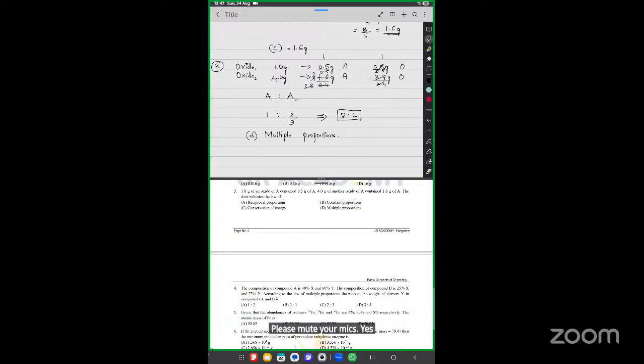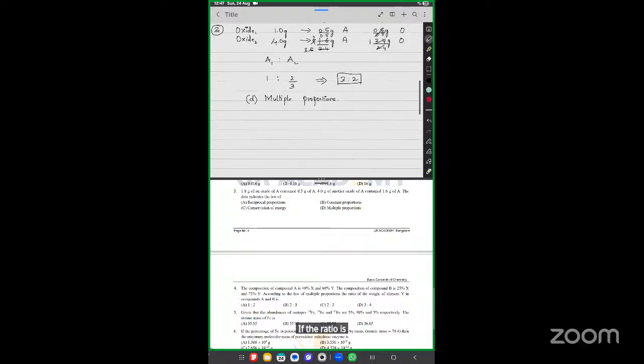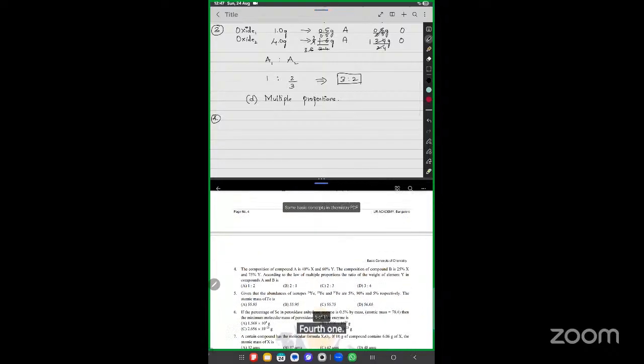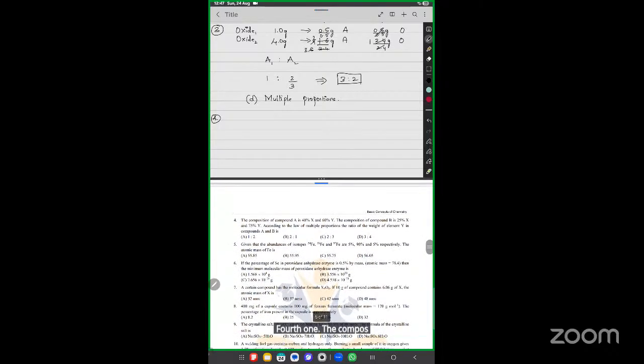Yes. So this is the third one. If the ratio is asked, you have to do it this way. Okay. Fourth one. The composition of compound A is 40% X and 60% Y, right?